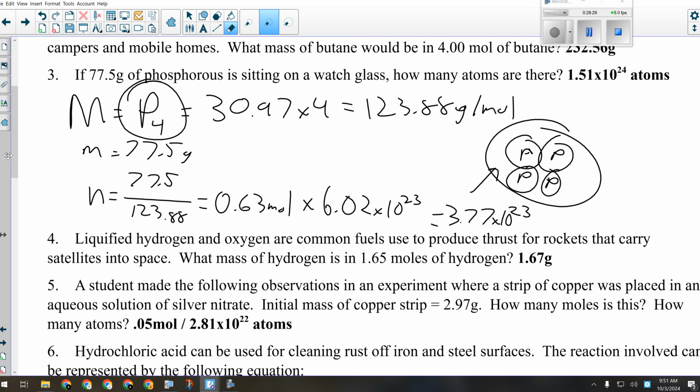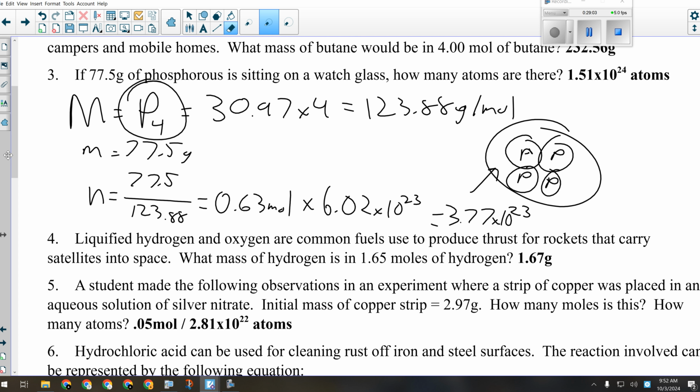Yeah, you totally could do it that way. I hadn't even thought to do it that way. It's much easier, yes. It's gonna get you the right answer. It may not be technically correct, but it works, right? The purpose of that question was to illustrate, hey, you got 4 atoms in a phosphorus molecule, right? Yeah, it'll work.